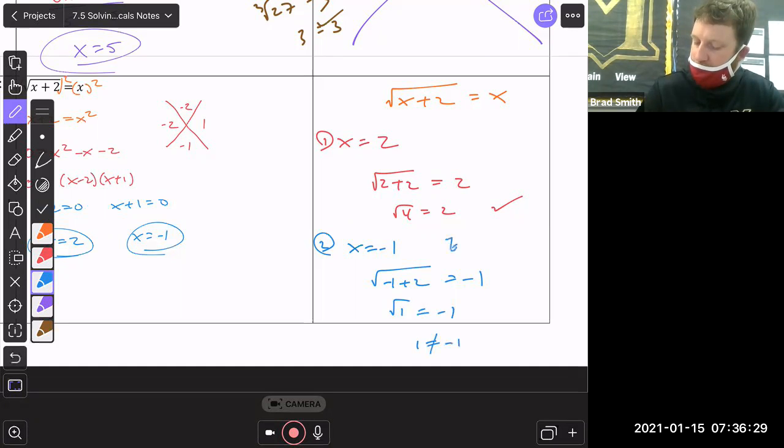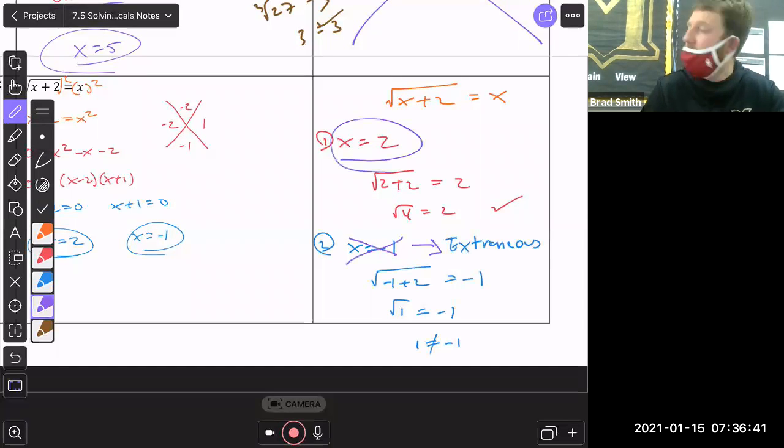So this is what extraneous solutions look like. This is not a real answer. This is extraneous. So this is my only solution that's going to work.